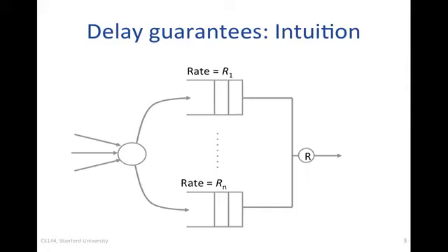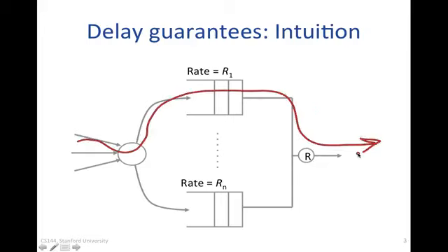So if in a router I know which queues a packet passes through, and I know the size of the buffer, so let's say I'm looking at packets that are going to go through this queue here inside the router, I know the size of the buffer it's going to go through, and I know the rate at which that buffer is going to be served.